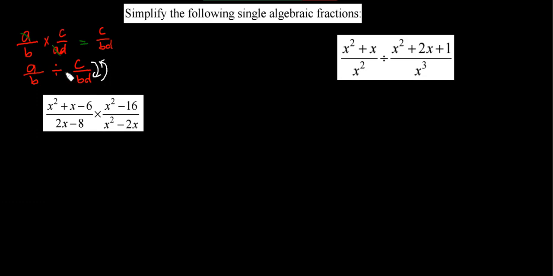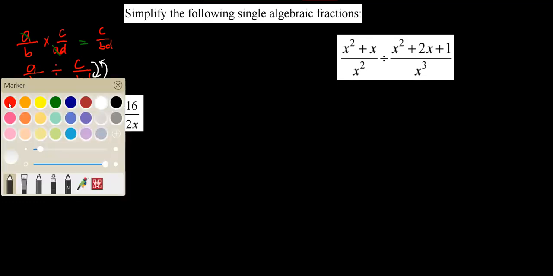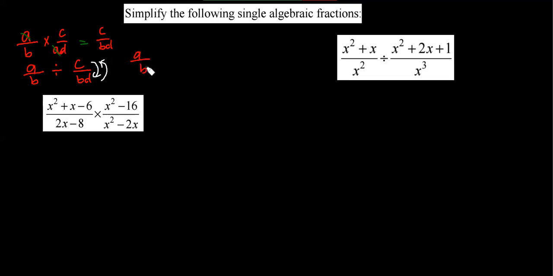So we change the sign to multiplication, then multiply with the reciprocal of this, meaning you exchange the numerator and the denominator. So we're going to have A over B times BD over C. Whenever you change the sign, you must flip the second fraction. So C goes down, BD goes up, then you change the sign to multiplication.